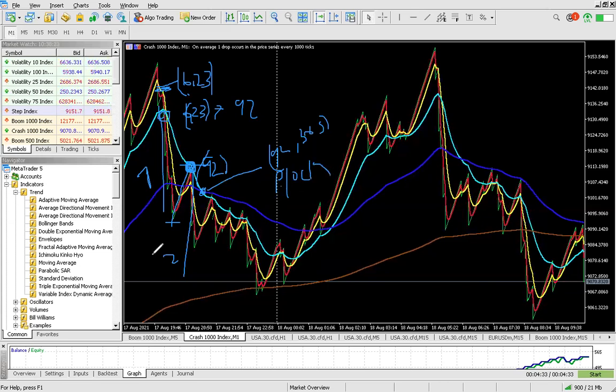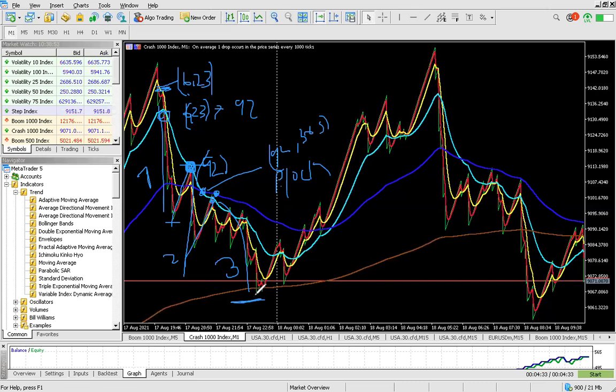Okay, so what it means is that the market will come back and it will either bounce on the 92 or the 365. If they are too close together, it will probably bounce on the 92. But when the market bounces on the 92 like this, it then comes down to form level 3.